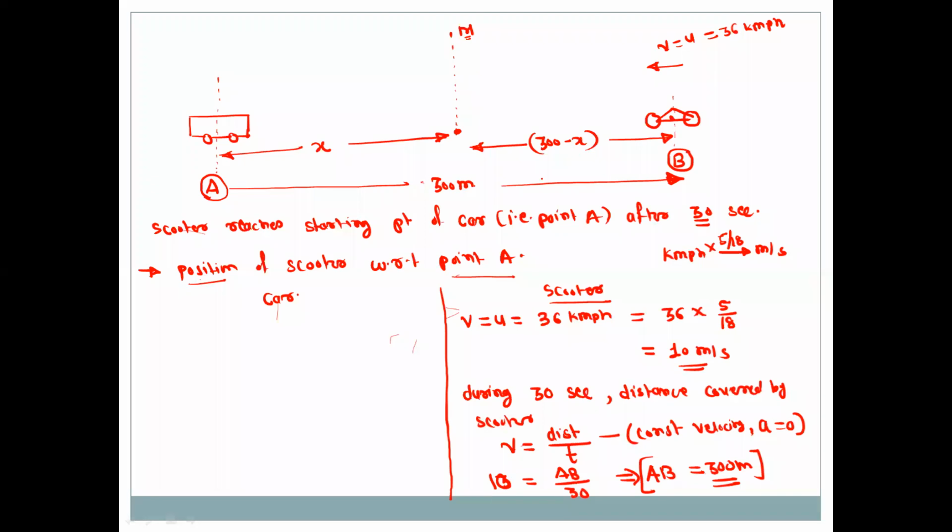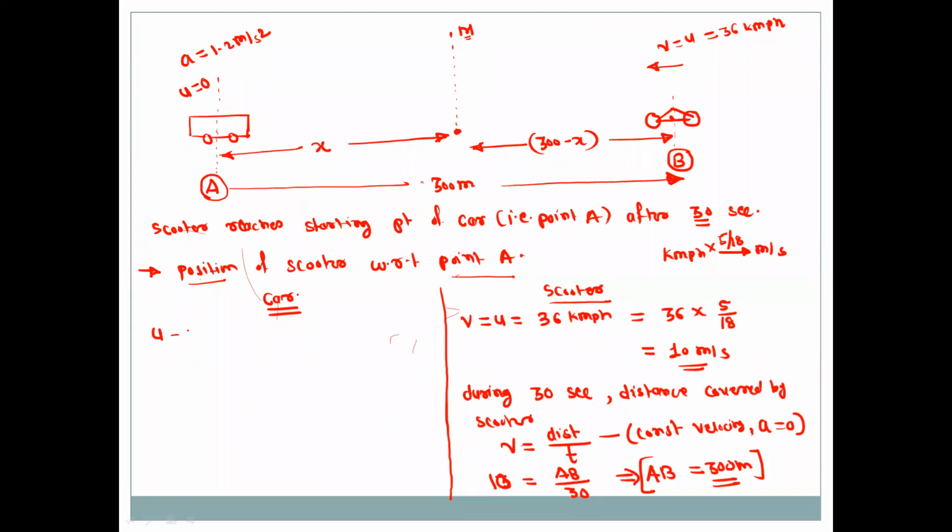Okay, so now consider the motion for the car. For the car, its initial speed u is equal to 0 because the car is at rest at the starting point. It has an acceleration of 1.2 meter per second square.